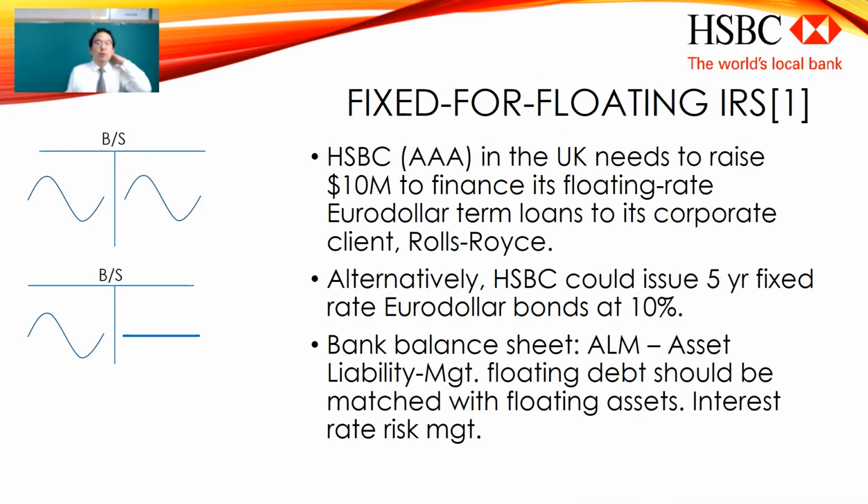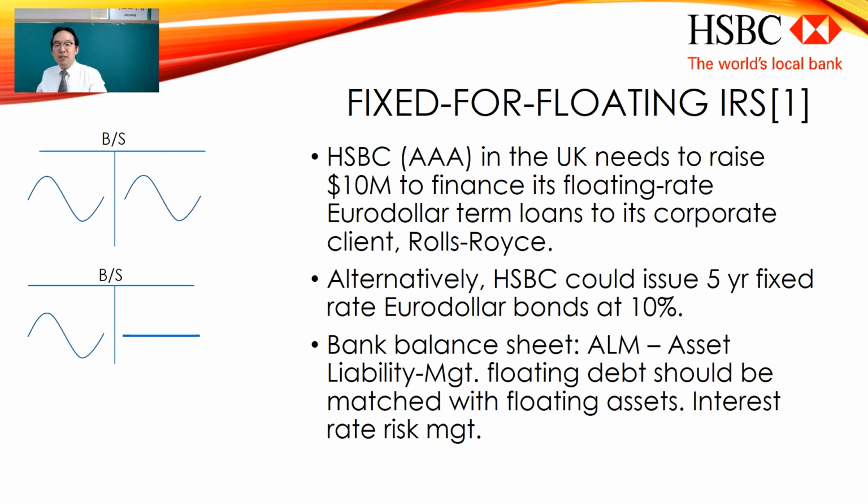All right, the next one is the example that I gave you about HSBC and Starbucks, a fictitious case about a fixed for floating rate interest rate swap. Let's see what's going on over here.